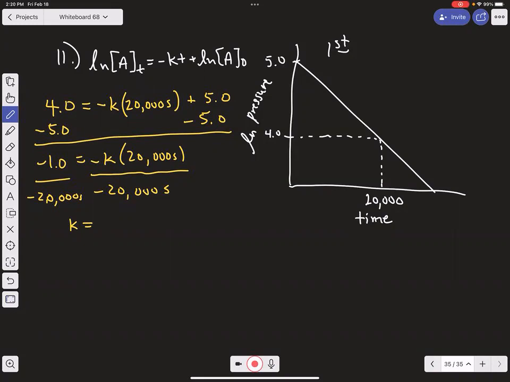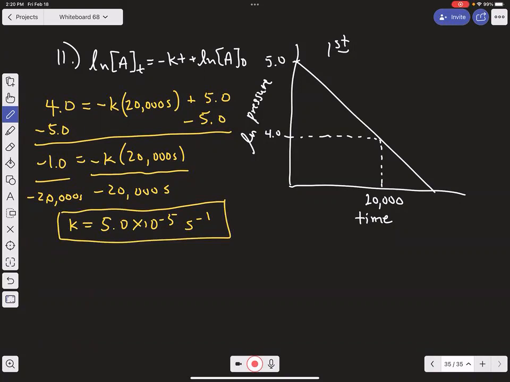Here we know it's first order because on the y-axis it's natural log and it's a linear graph. So we divide by 20,000 seconds, and I get a rate constant of about 5 times 10 to the minus 5 inverse seconds for that reaction.